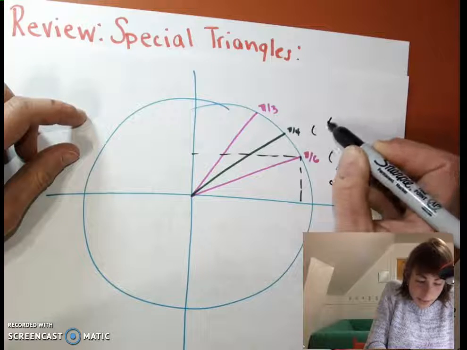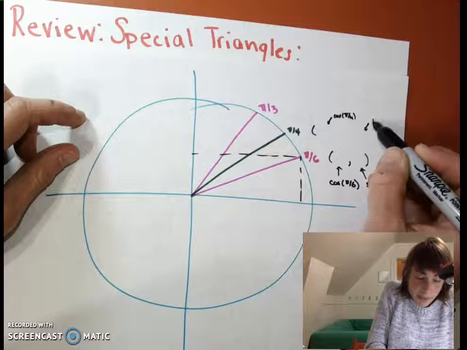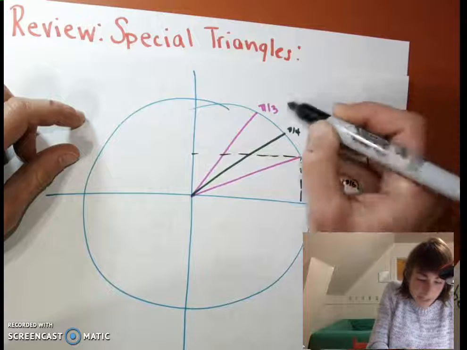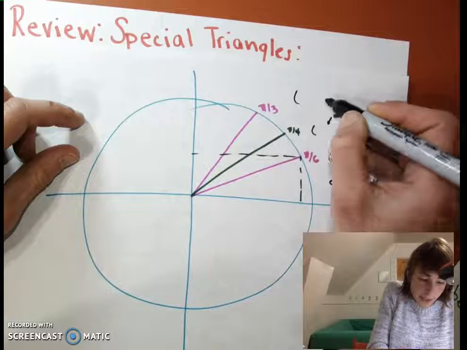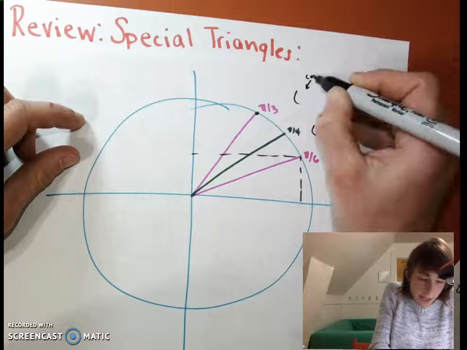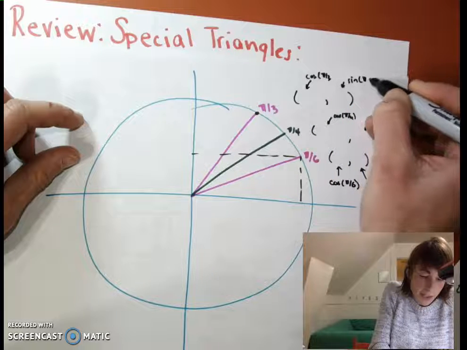So this one will be cosine of pi over 4, and this one will be sine of pi over 4. And similarly, if I write the coordinates for this point, I'll have cosine of pi over 3 and sine of pi over 3 as my two coordinates.